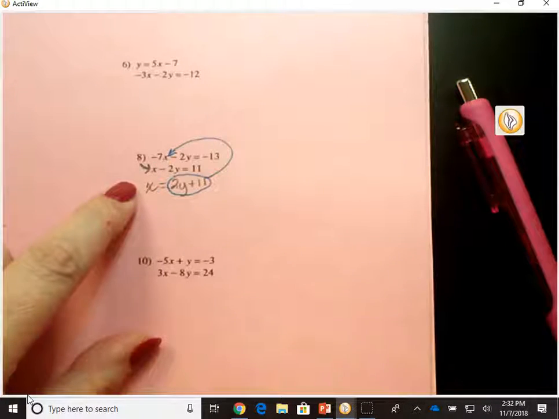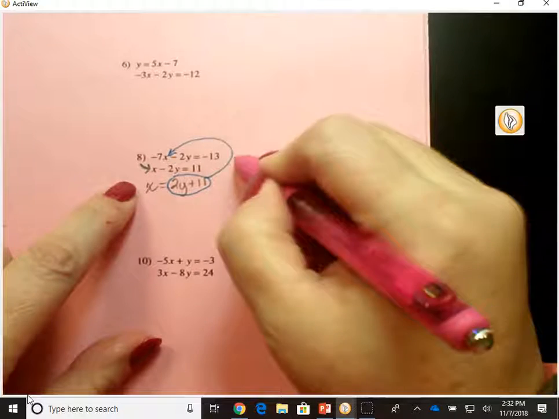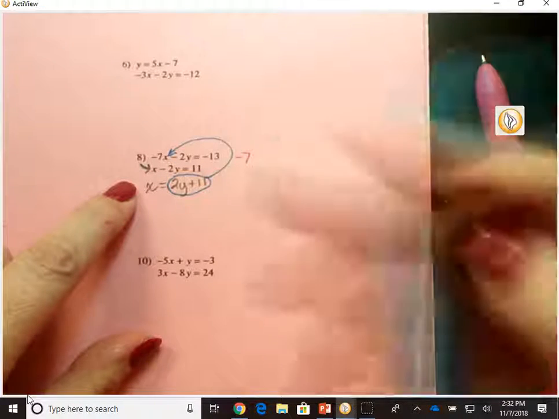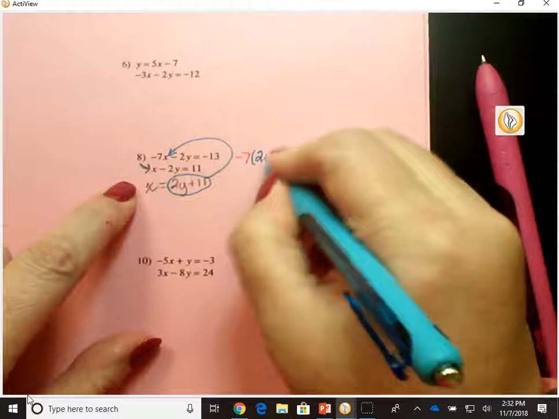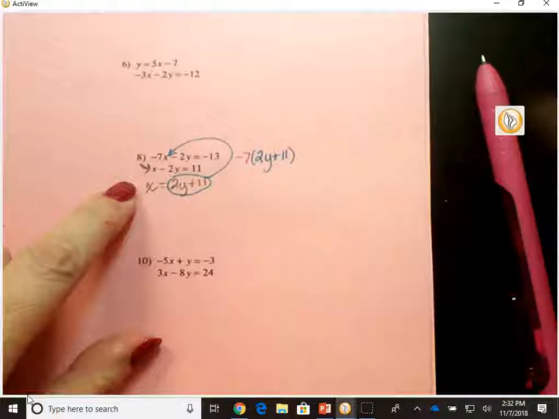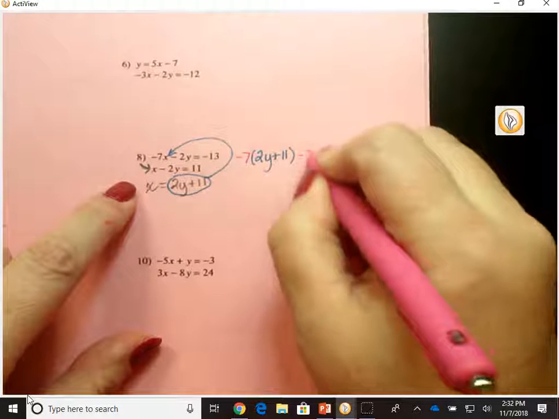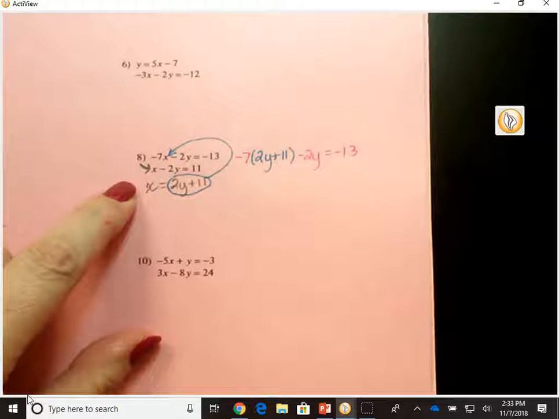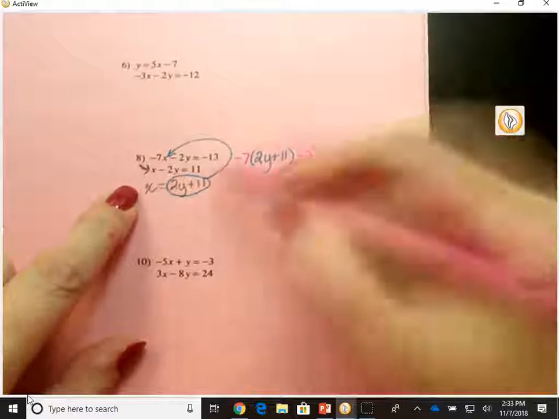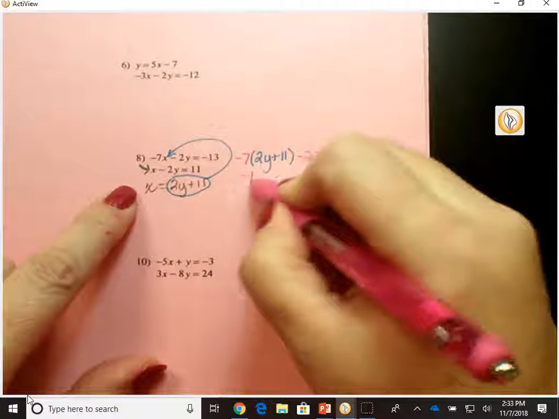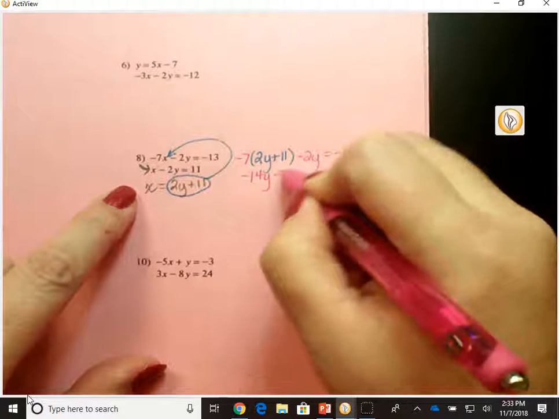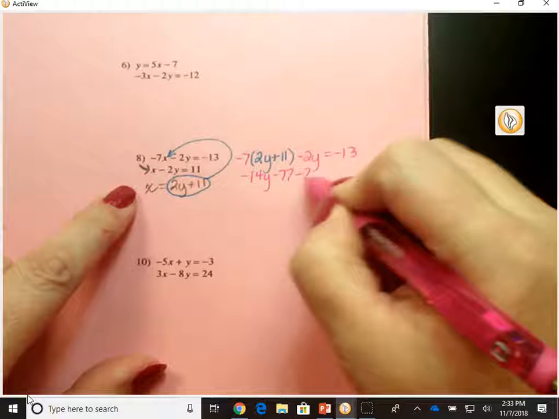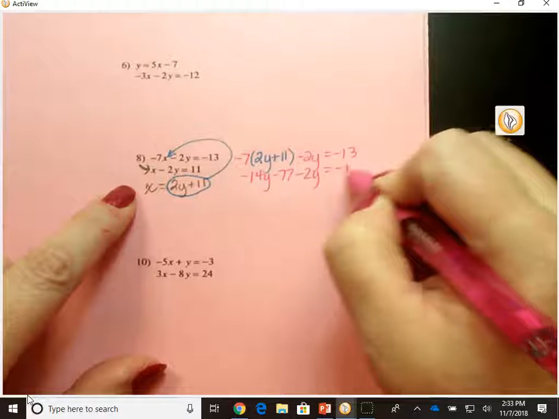So I'm going to take what x equals, which is 2y plus 11, and I'm going to replace x with it. So I have negative 7 times 2y plus 11 minus 2y equals negative 13. So, distribute: negative 14y minus 77 minus 2y equals negative 13.